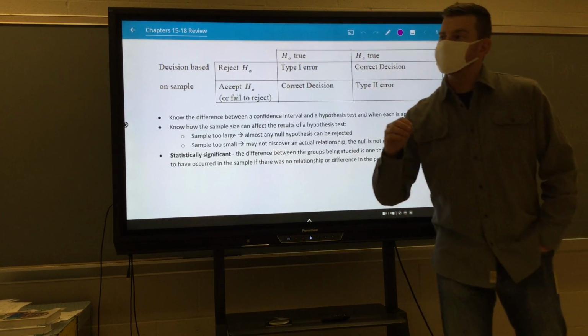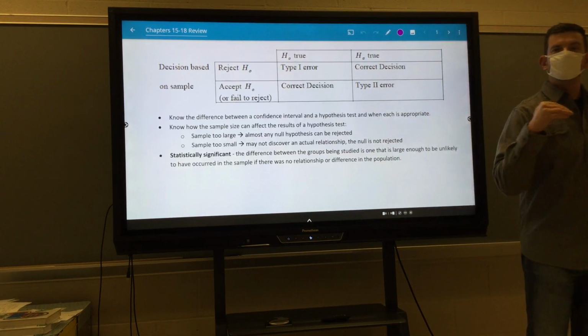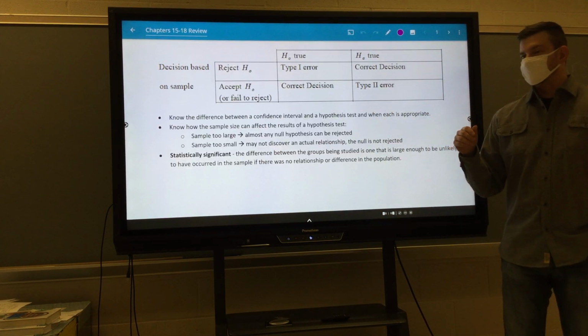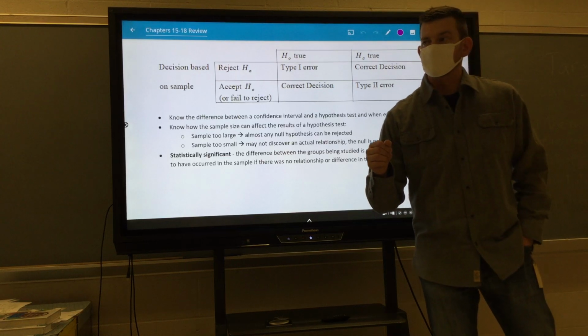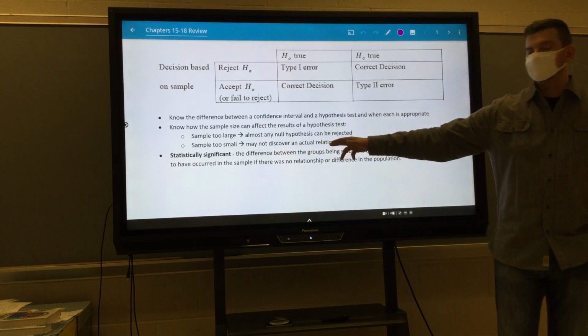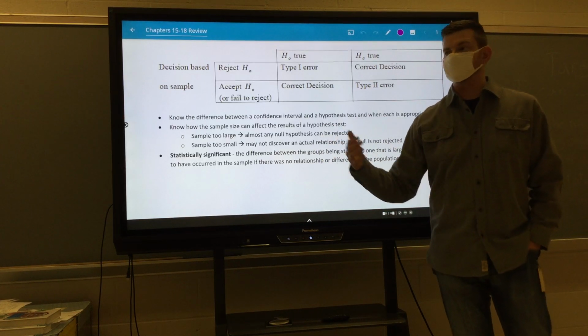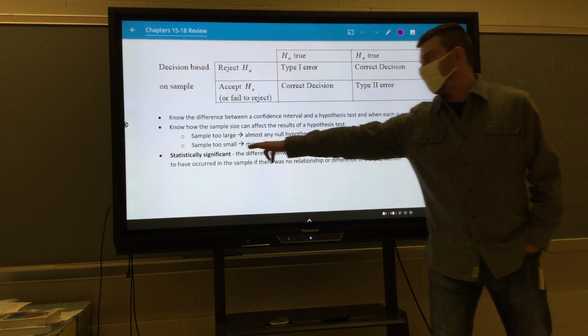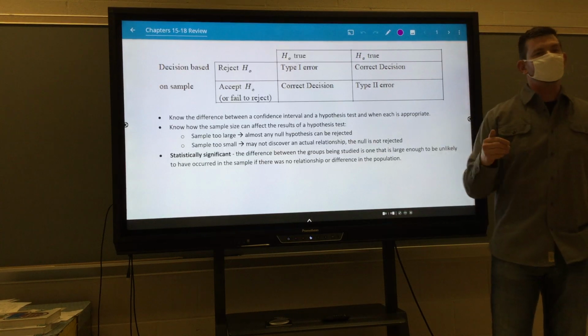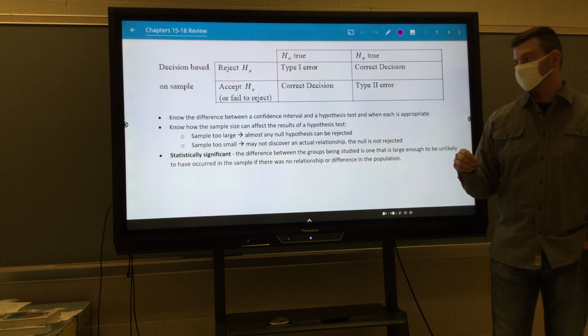If there is a legitimacy to that, meaning that you may be onto something, but you failed to reject a null because it wasn't occurring across a large enough sample, that is a possible consequence of too small of a sample size.